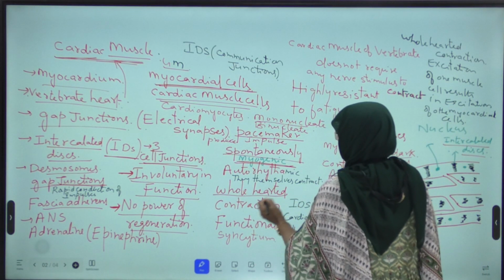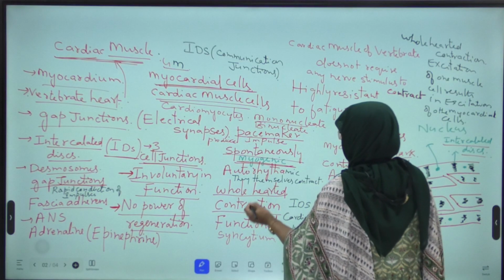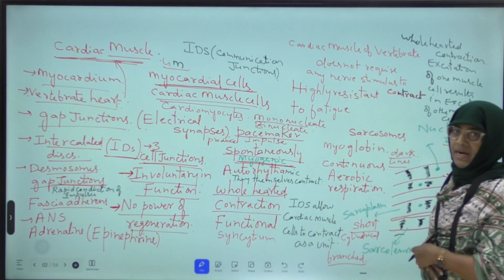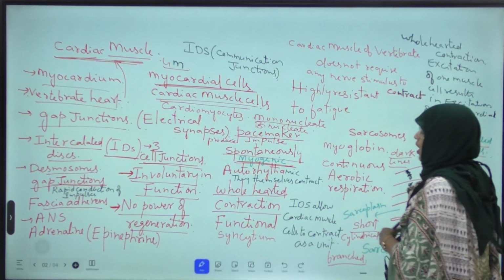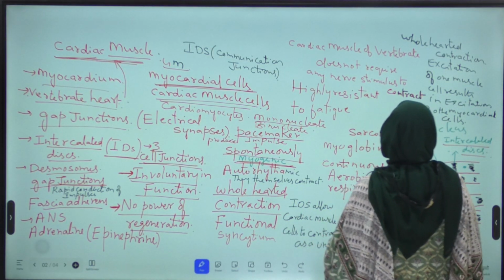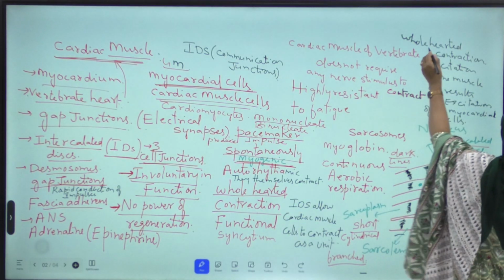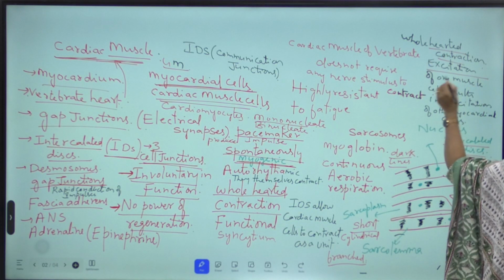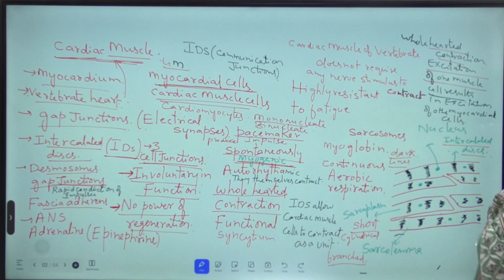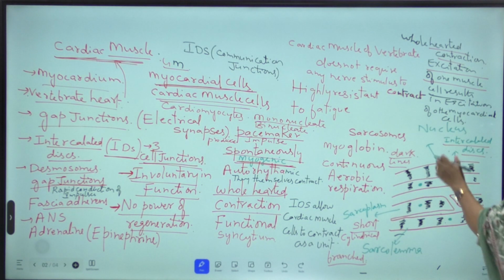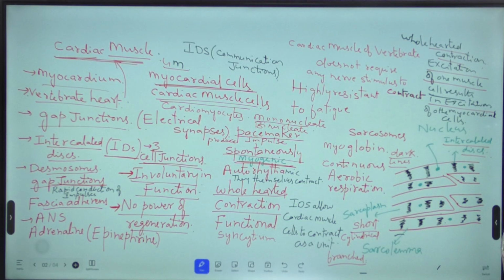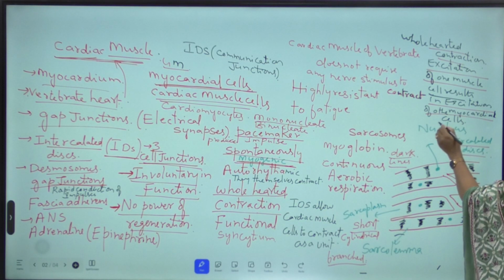Next, cardiac muscle shows wholehearted contraction. Wholehearted contraction means stimulation of one muscle cell results in the excitation of all the myocardial cells.